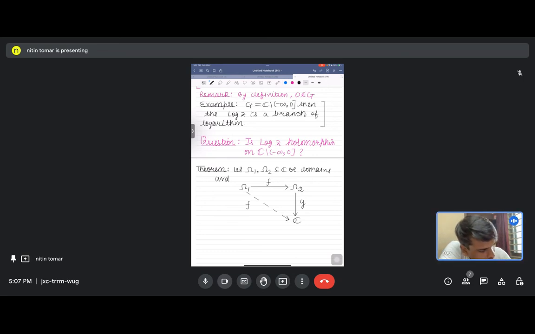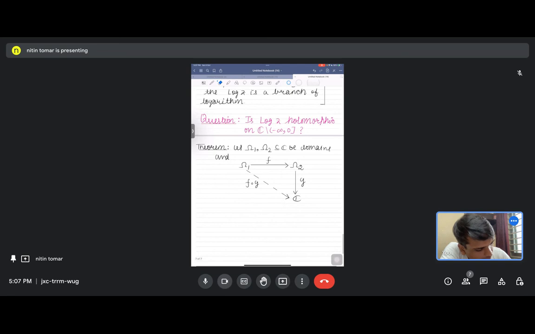So this function is called the composition, g of f. First f then g. We can compose such that this composition is the identity function.